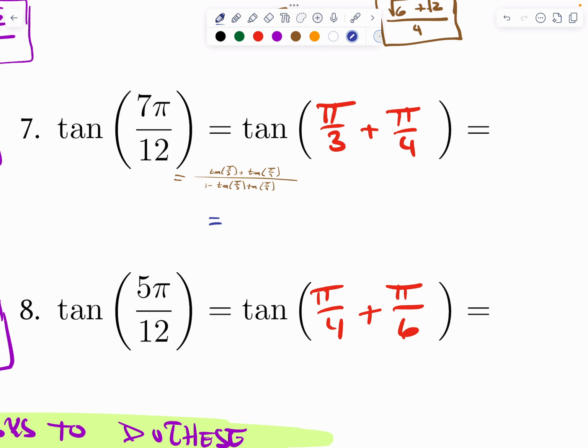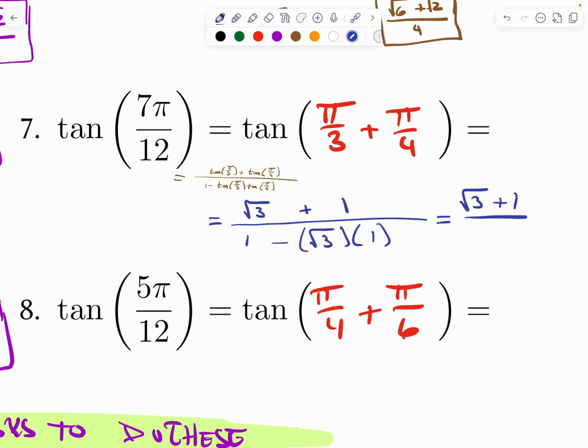That's going to be the tangent of pi over 3 is, let me think for a minute here, radical 3 over 1. You could look this up if you need to. The tangent of pi over 4 is 1. So we have radical 3 plus 1 over 1 minus radical 3.